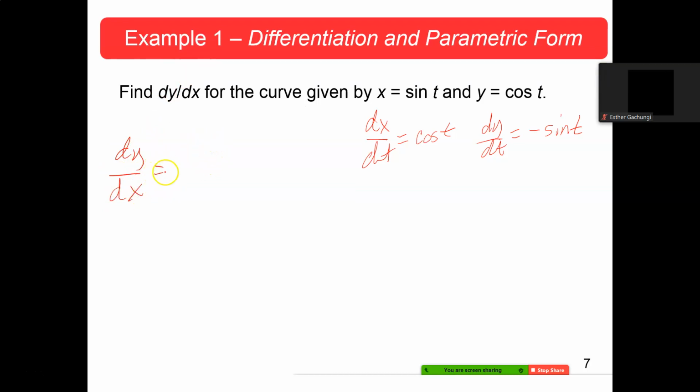This is dy dt over dx dt. Just about like you should expect it to be. Okay? And that would be minus sine t over cosine t, which is minus tangent t.